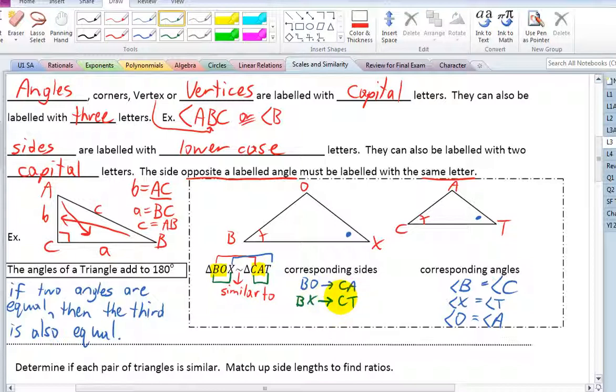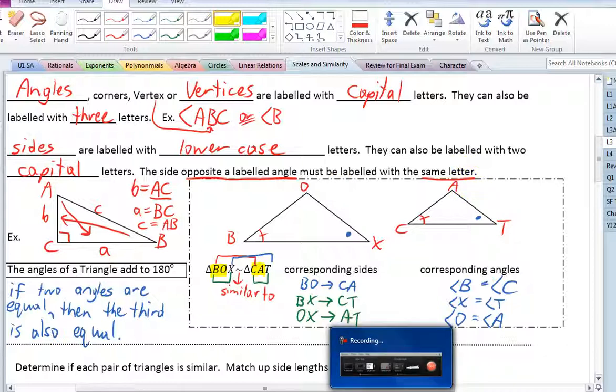So you can tell from the name they're in the same position. And which side corresponds with OX? AT. Okay. And so AT again has no angle markings and a dot. No angle markings and the dot would definitely be OX. All right, so they match up. Okay. Questions?